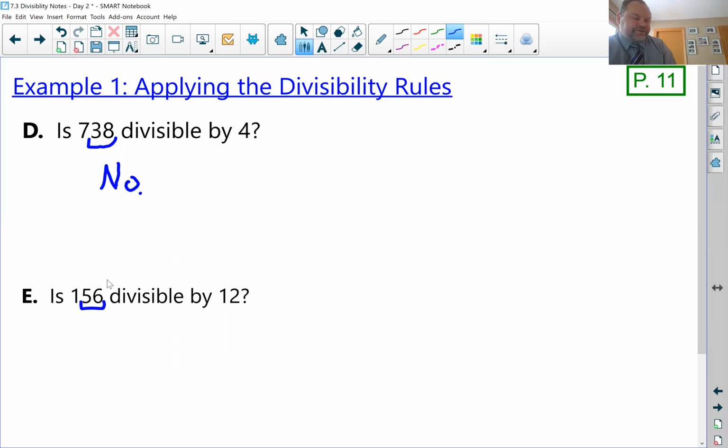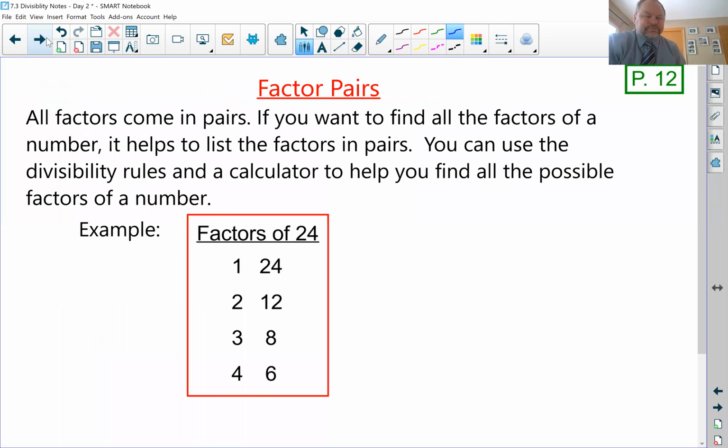Are the last two digits evenly divisible by 4? And the answer is yes. So that one is evenly divisible by 12. All right.